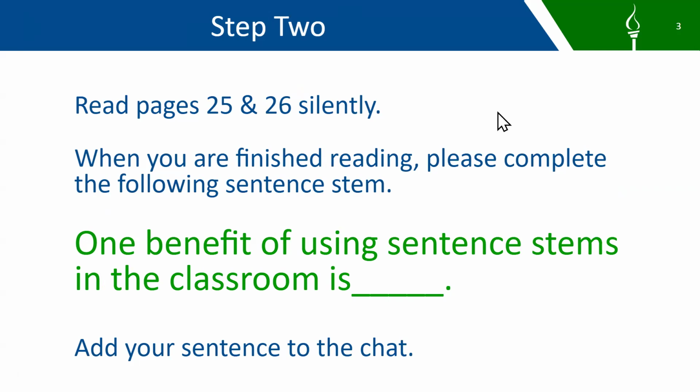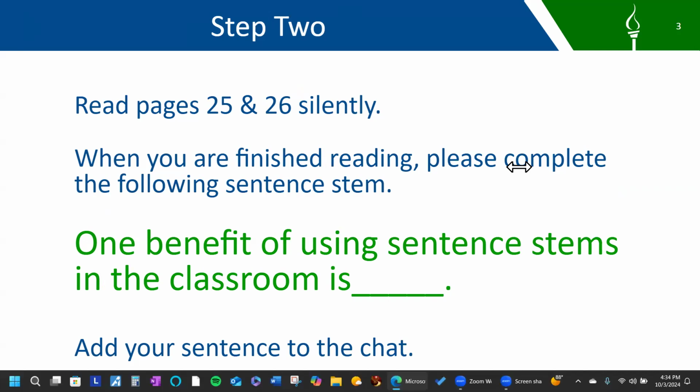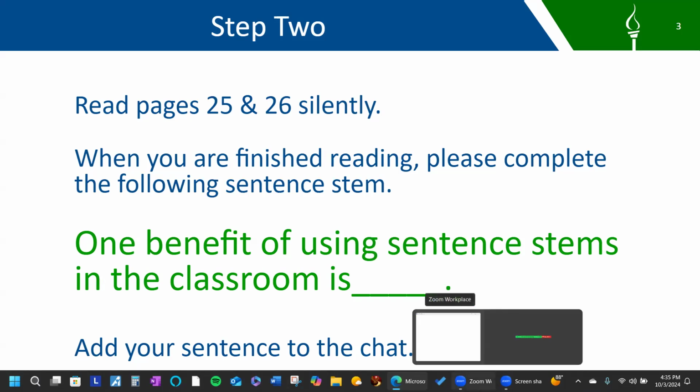Do you mean page 25 and 26 in our book? In your book, yes. I feel like that's step 3 in my book. Maybe you have a different version. Rhonda had the same problem. If you need, in the Wakelet is the passage from page 25. Is that just the first 2 pages?